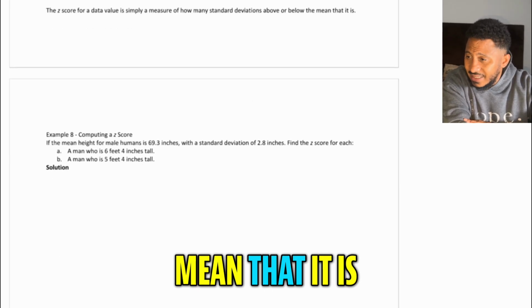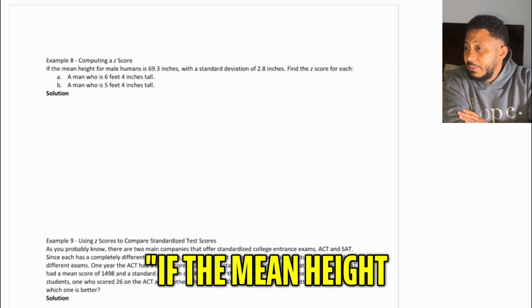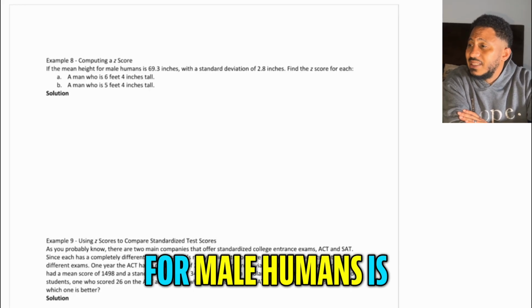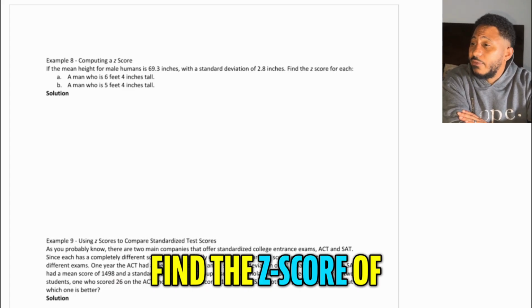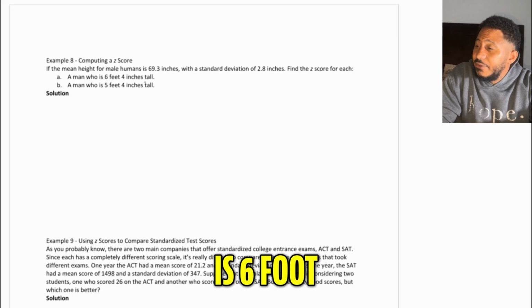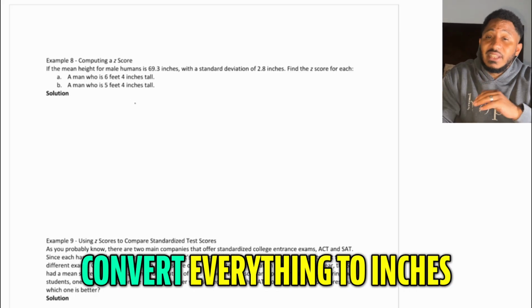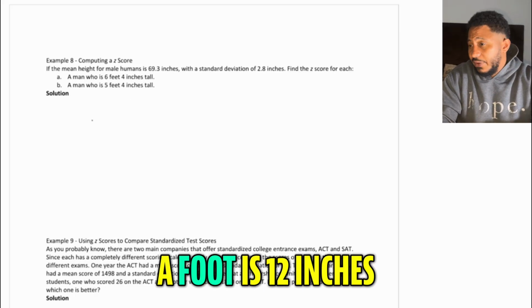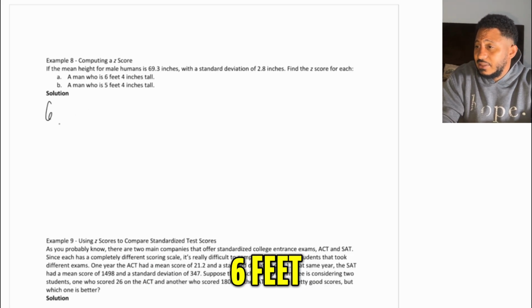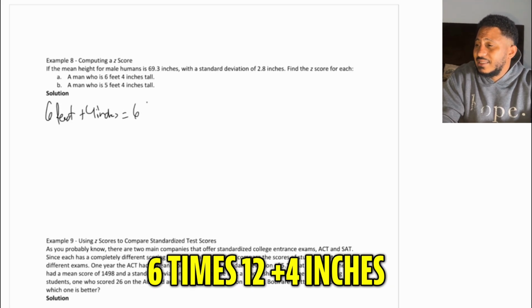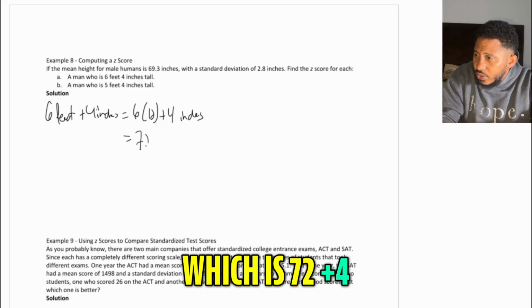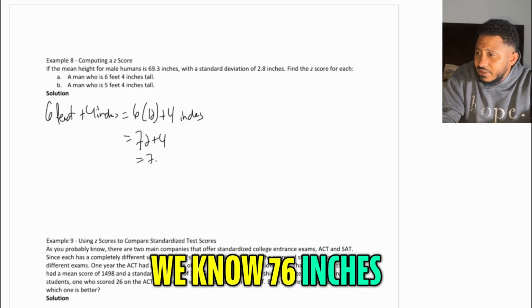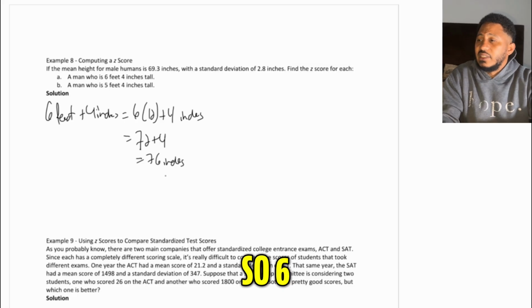Example 8 says, if the mean height for male humans is 69.3 inches, a little taller than I am, not much, with a standard deviation of 2.8 inches, find a z-score for each, first a man who is 6'4" tall. First we have to convert everything to inches. A foot is 12 inches, so 6 feet along with 4 inches is 6 times 12, which is 72, plus 4, so 76 inches.